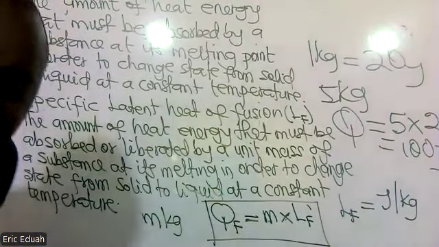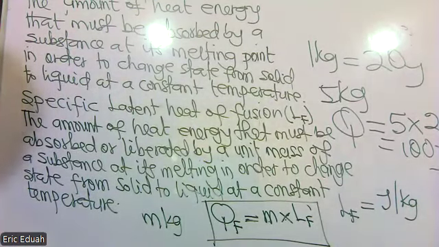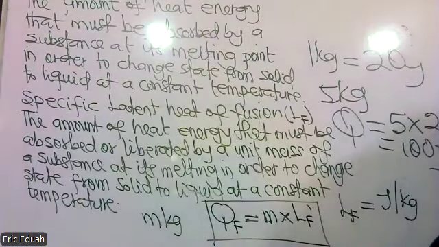Now, the specific latent heat of fusion of ice. The specific latent heat of fusion of ice is 335 kilojoules per kilogram. What does it mean?